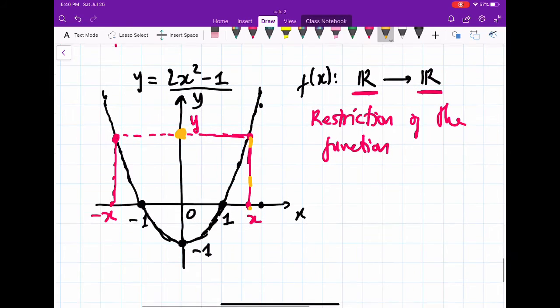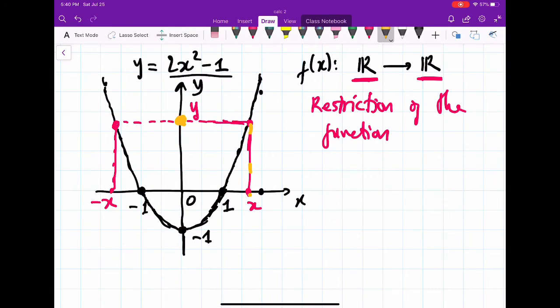And of course, there is the other situation: when you pick some y here, you don't have any x. This y is also in R, in the number line, but for a value less than -1 you don't have any corresponding x, which is not good because you cannot go back.